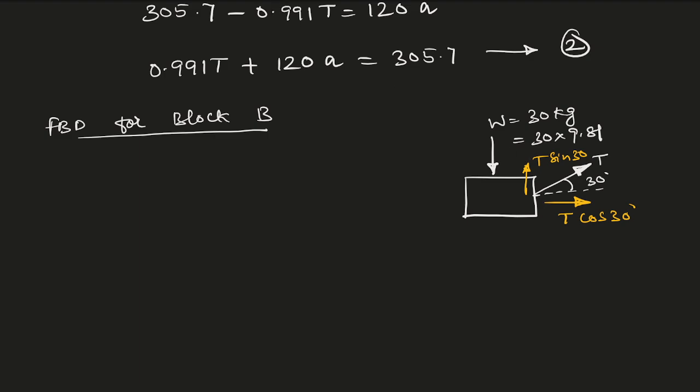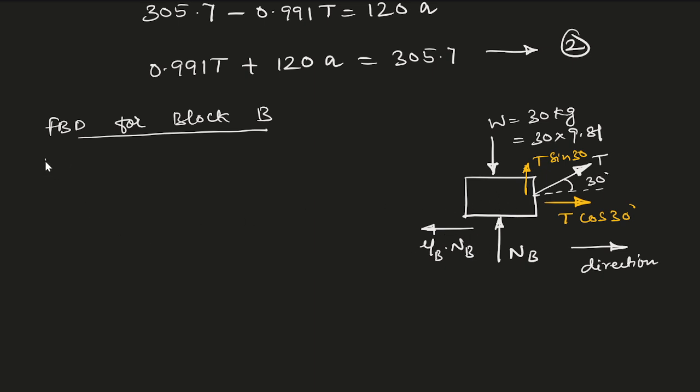Then we have a normal reaction N_B, and since block A is moving from left to right, block B will also move left to right, so here you will have the frictional force mu_B N_B.